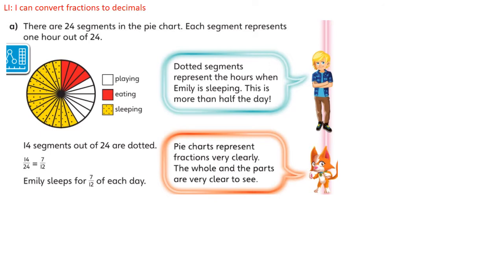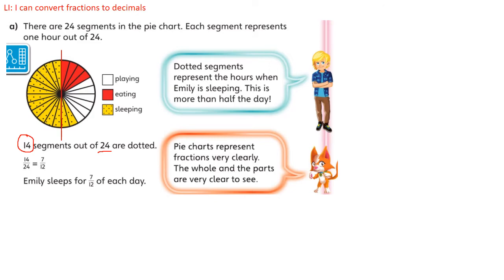So 24 becomes our denominator and 14 becomes our numerator because there are 14 dotted segments. We then simplify this to make 7/12. You can clearly see that Emily spends more than half the day sleeping because half would be one side of that line.